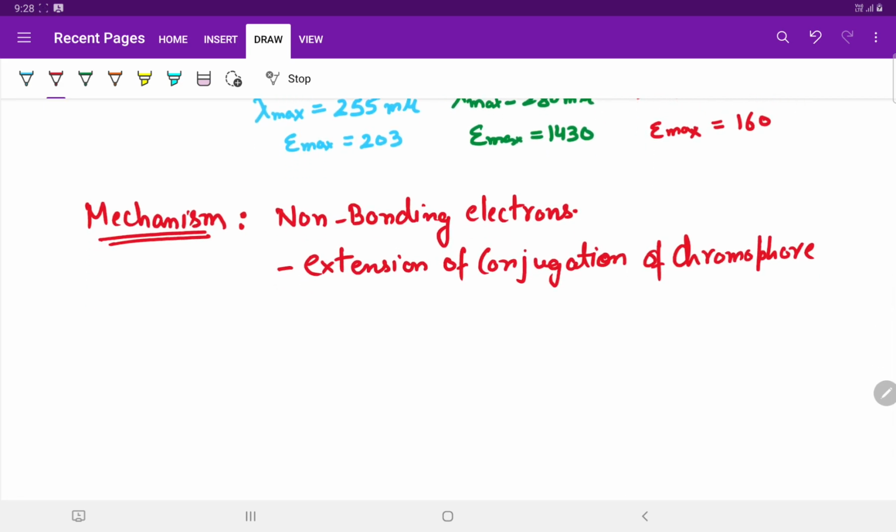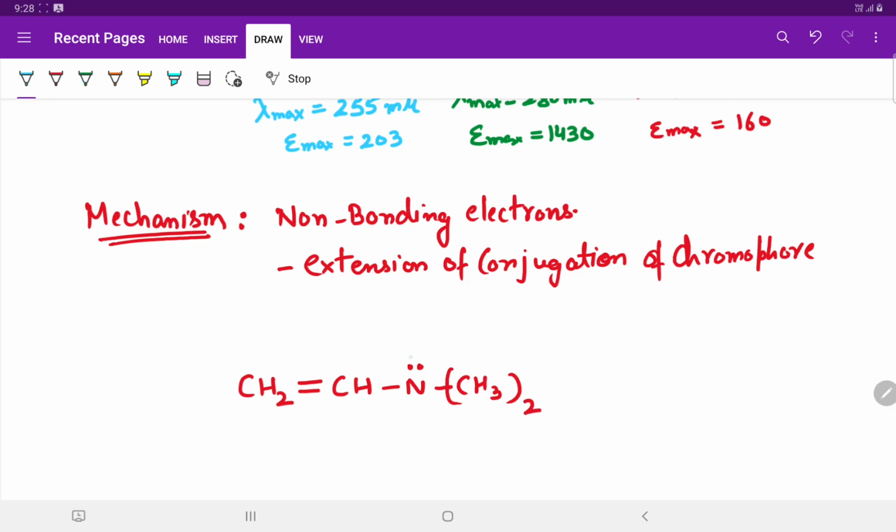So let us see an example here. So here is a lone pair of electrons. So what will happen?